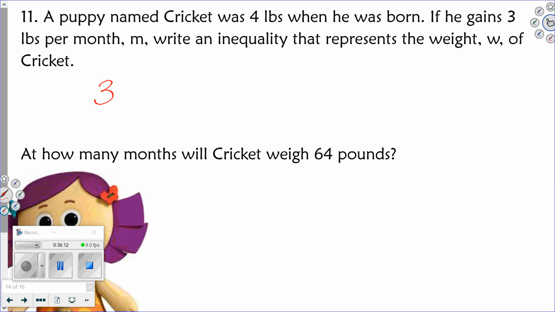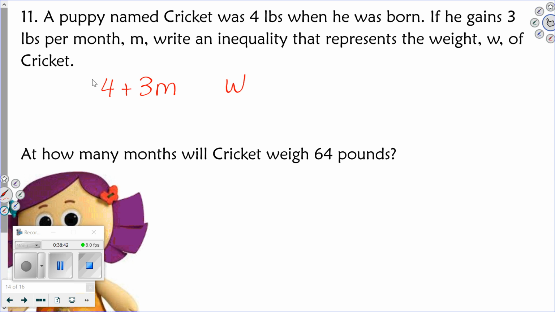So 3 plus, no, not 3, 4 plus 3M. And I know there's a W for his weight. This one's always tough. When it wants the inequality, in my mind, it would be an equation by what it's given me, but it wants an inequality.